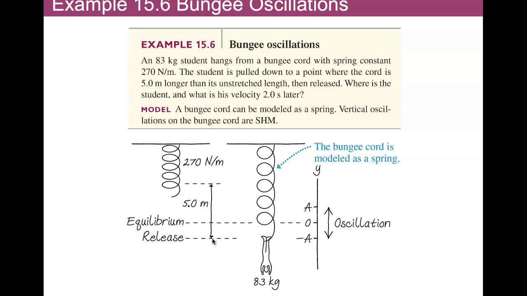Then you release, so the student will be oscillating up and down. And the question is, where is the student and what is his velocity 20 seconds later?